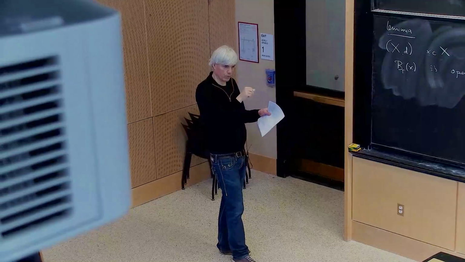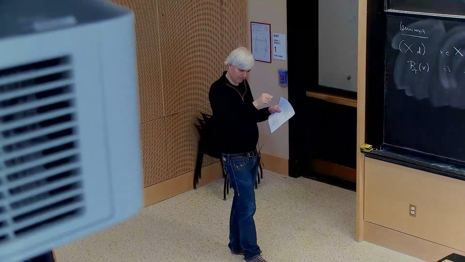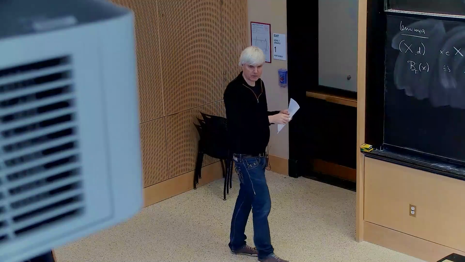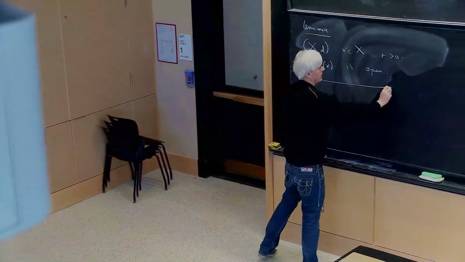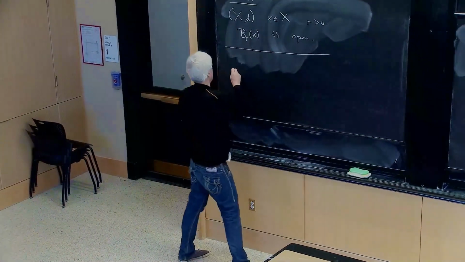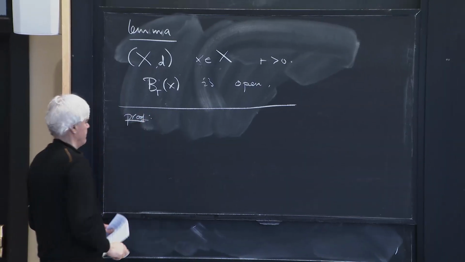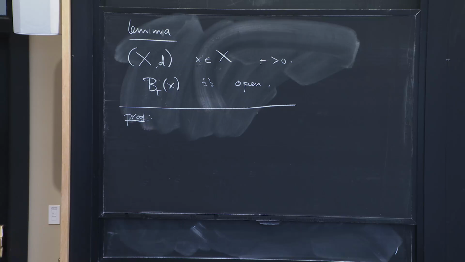And again, when you're proving things like this for a metric space, the only non-trivial thing is the triangle inequality. So this is relying on the triangle inequality. For a lot of things, when you're proving things about a metric space, it's often quite helpful to draw a little picture.